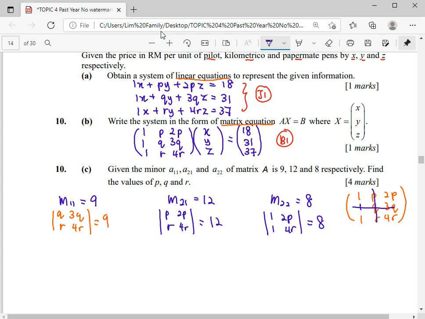This modulus means the determinant of this 2 by 2, so we cross multiply: AD minus BC.